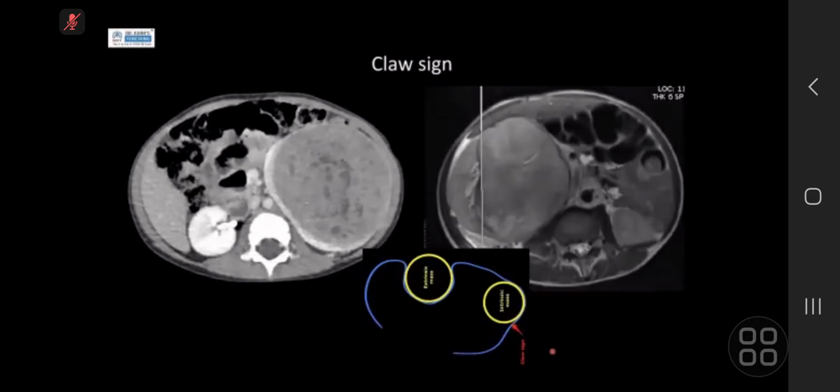Finally, a pictorial showing how it looks. If it's an extrinsic mass, you get a very blunt, rounded interface with the parenchyma. But if it's arising from the kidney, you get these very thin, sharp angles on either side, the claw sign, as you can see here and also on this one.